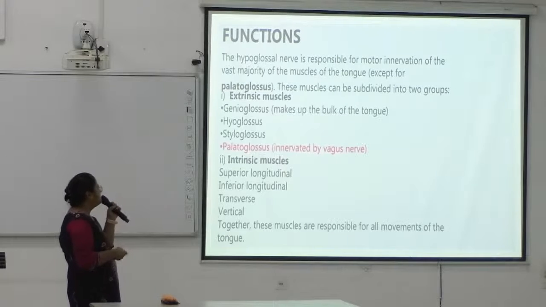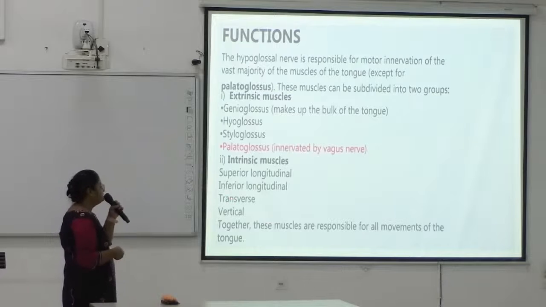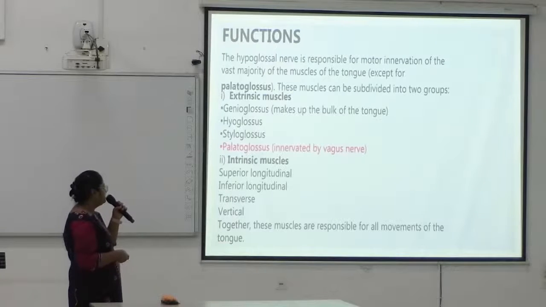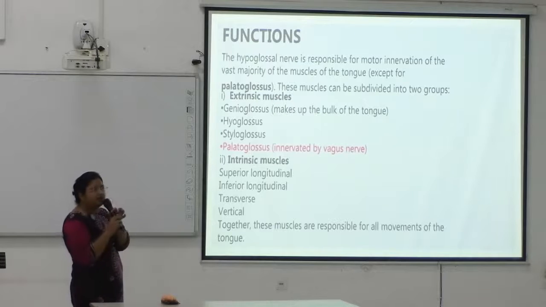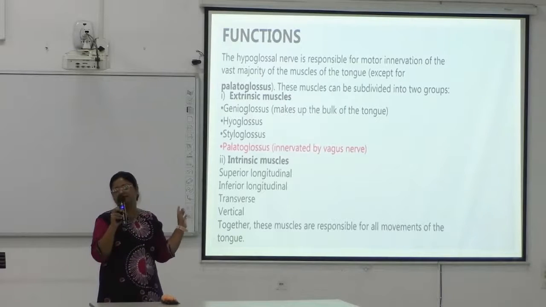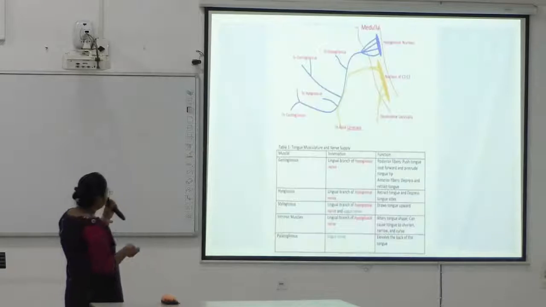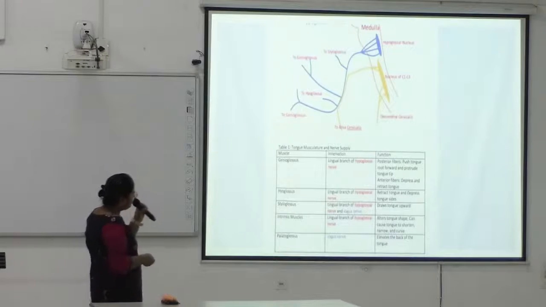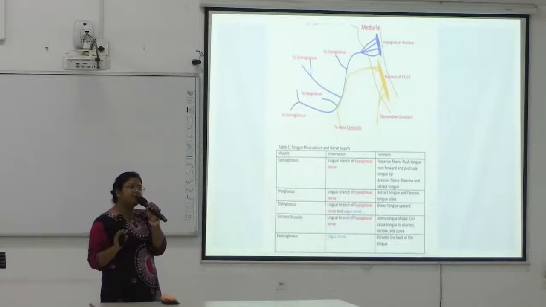Intrinsic muscles are the longitudinal, transverse, and vertical, and together these muscles are responsible for movements of the tongue. These intrinsic and extrinsic muscles together help in speech and swallowing. These are the different muscles supplied by this nerve. This is a short note, a very important short note.